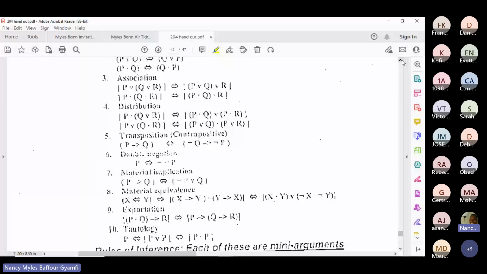When we have P conditional Q, do we go branch or straight? Let me see if you are there or you are asleep. If I have P conditional Q and I ask you to decompose, do we go branch or straight? Branch. Very good. Then we put the negation of the antecedent to the left and then the consequent to the right. You know why we negate the antecedent? Because of the law of material implication.